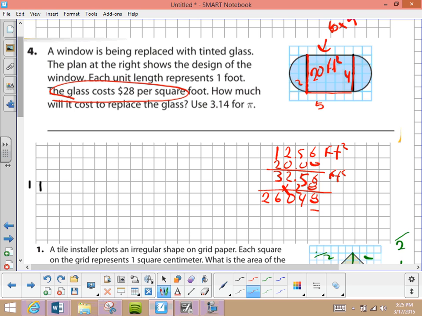And then you get 12, carry 1, 11, carry 1, 5, 6, 8, 6, 1, 11, carry 1, 6, 7, 8, 9, 8, 9. And we have 2 numbers after the decimal. So we will be spending $911.68 on replacing that thing, right?